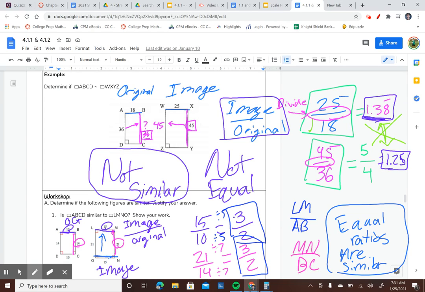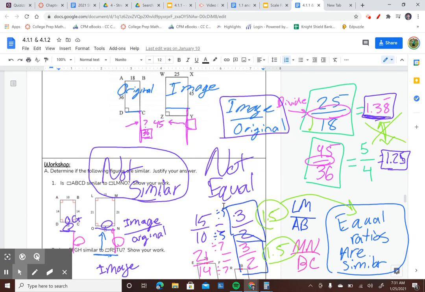But when we divided 15 by 10, we get 3 over 2 or 1.5. And if we divided 21 by 14, we get 3 over 2 or 1.5. And since we got the same number here, then they are equal ratios and therefore they are similar figures. Okay, so it's all about finding those equivalent ratios.